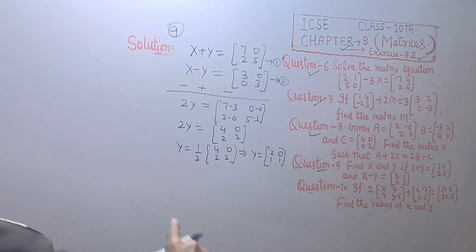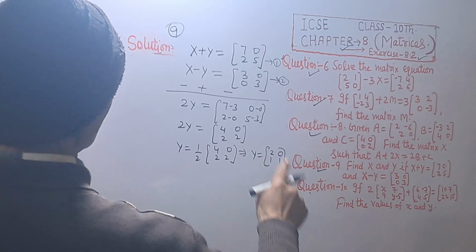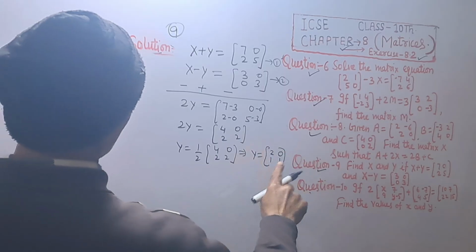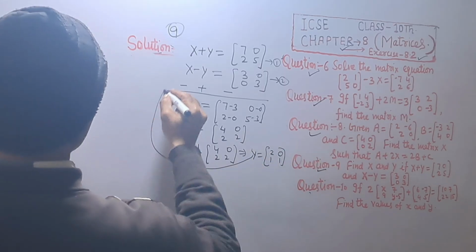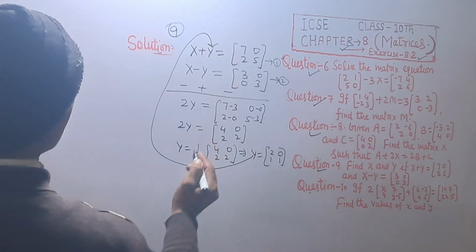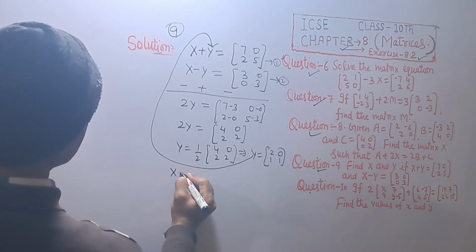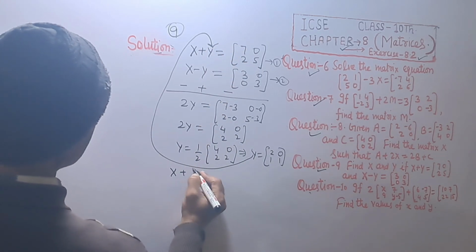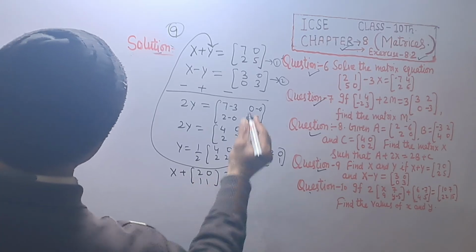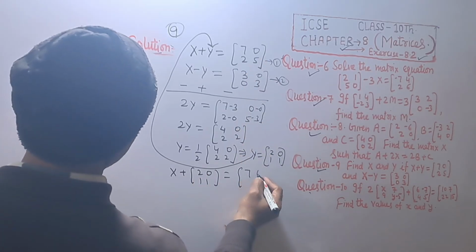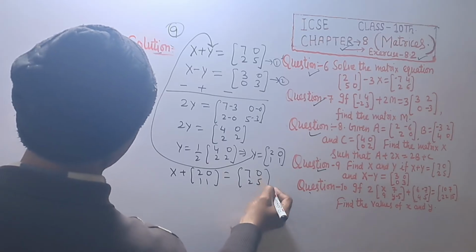So we get the value of y is equal to [2, 0, 1, 1], and we are putting y in equation first. So x plus [2, 0, 1, 1] equal to [7, 0, 2, 5].